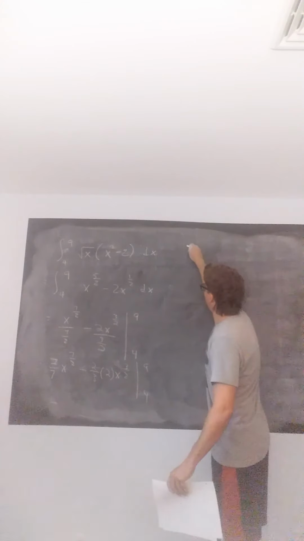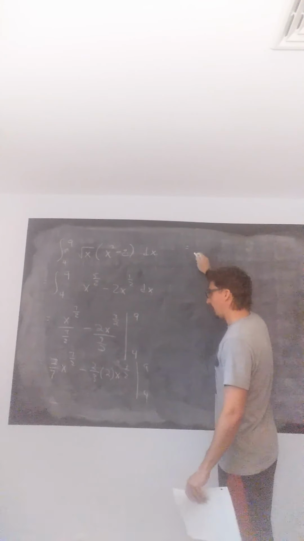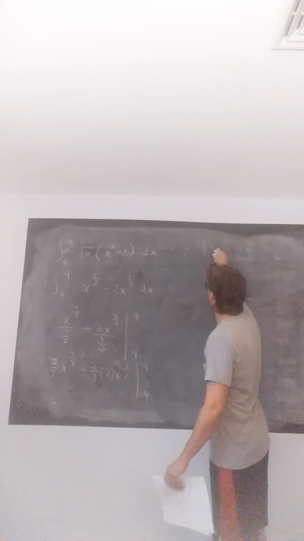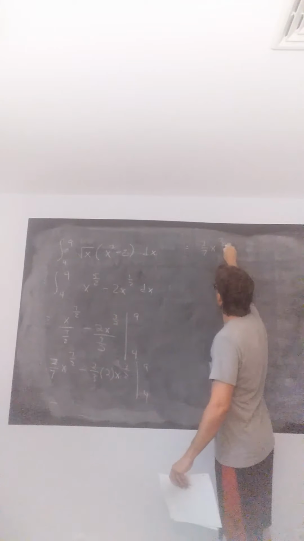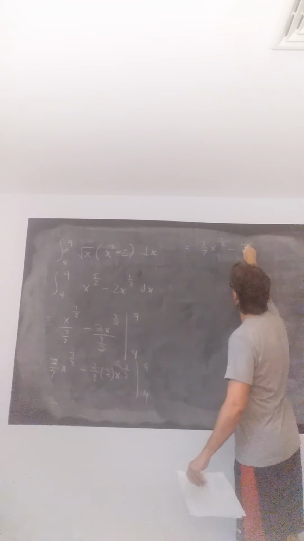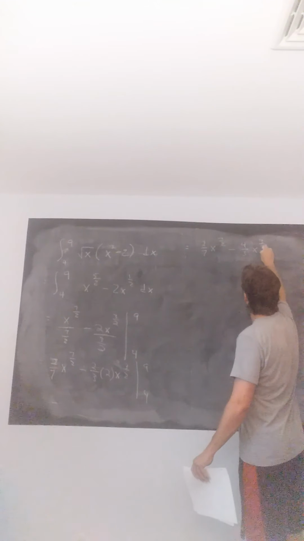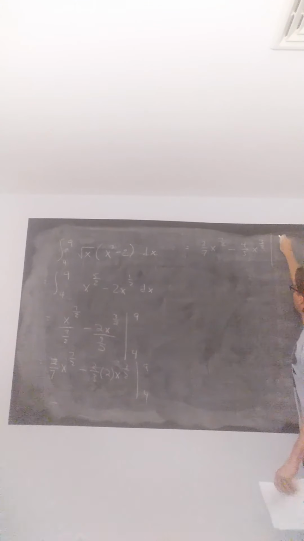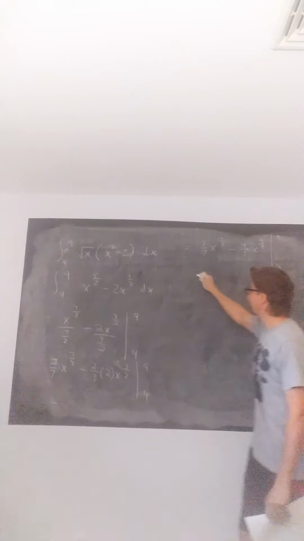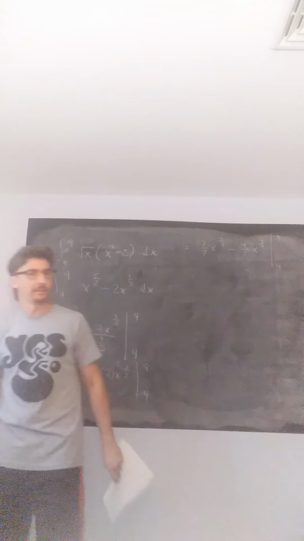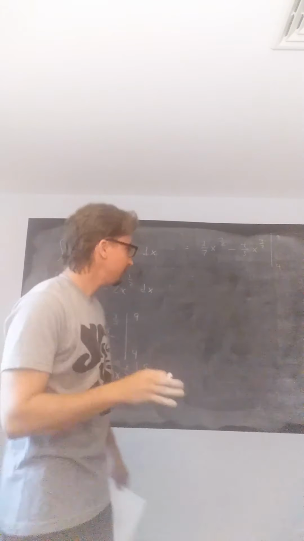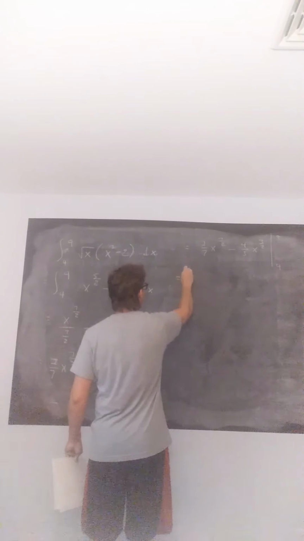So I'm going to come up here and write in what we have. I'm going to do a little more simplifying. So this will be minus 4/3 x to the 3/2 evaluated at 9 and 4. Okay? Hope you're following along. Just be careful, we've got to plug in all these endpoints.